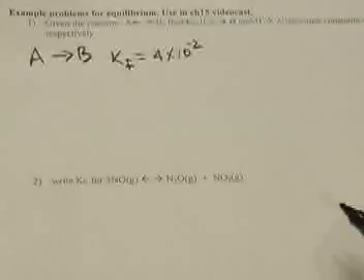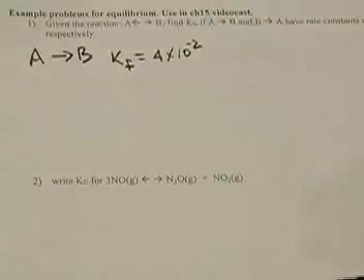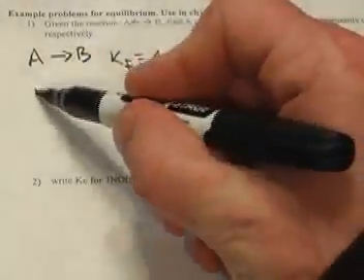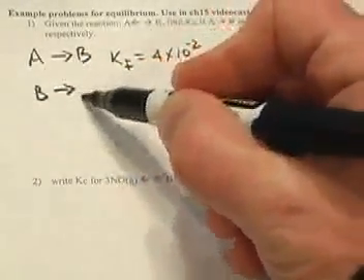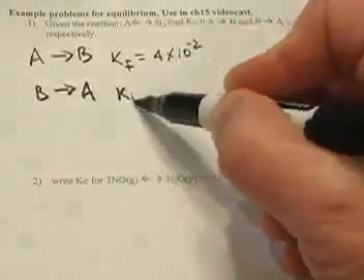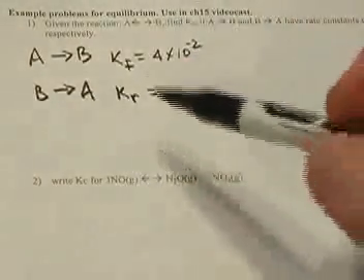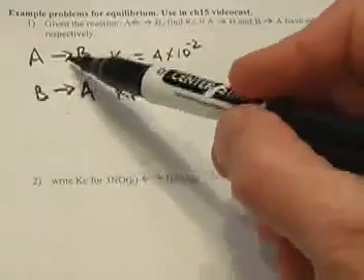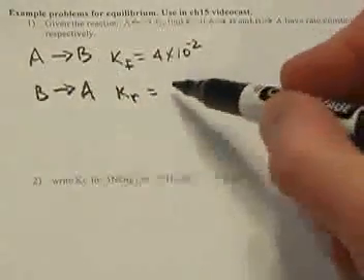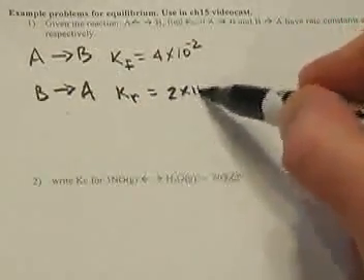I'm going to ignore units for right now, as we'll find out we do a lot in this chapter. And we have the reverse of this reaction, B goes to A, having a reverse rate constant. I wrote this reaction in reverse of how it was written, as 2 times 10 to the negative 2.